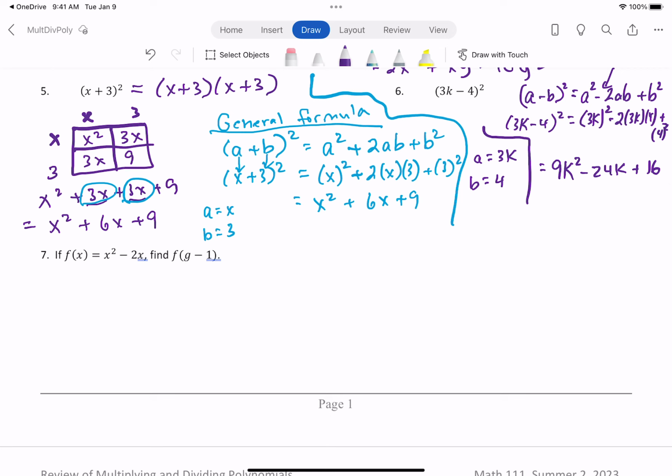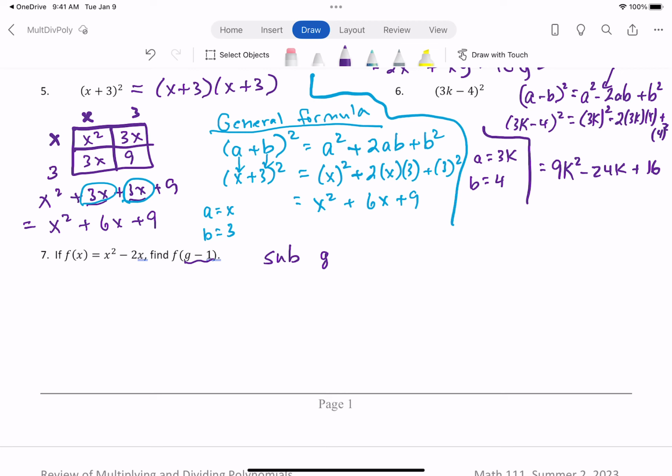Alright, the next one goes back to substituting, evaluating a polynomial function, this time at an expression, not just a value. But it's the same idea. If f of x is x squared minus 2x, and we want to find f of g minus 1, this is still going to be a substitution. What we're going to substitute is always what's in the parentheses.